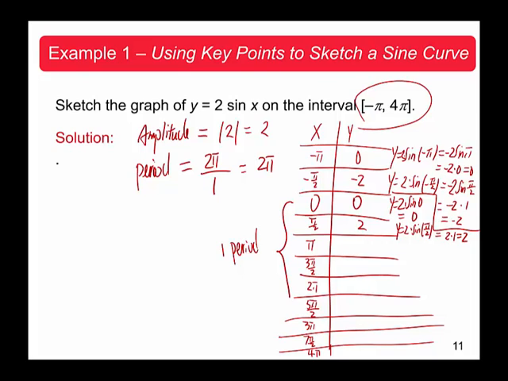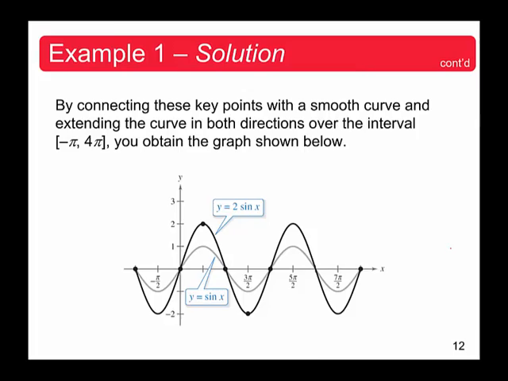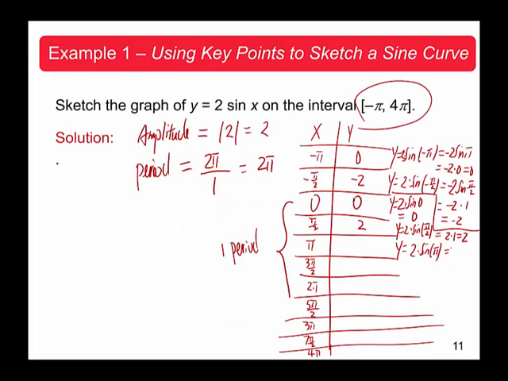And we have where the function reached the maximum. y equals 2 times sine pi. Sine 180 degrees equals 0, so 2 times 0 gives us 0. y equals 2 times sine 3 pi over 2, so 2 times negative 1. Sine 270 degrees is negative 1, so it's negative 2.